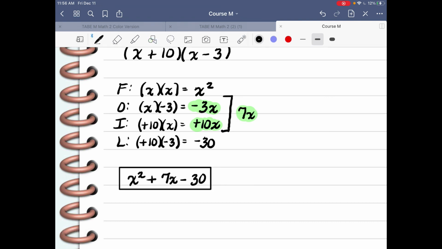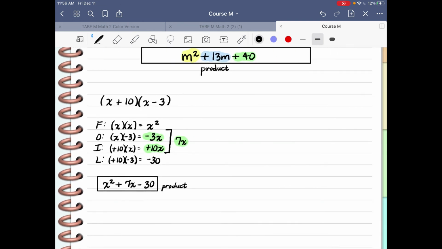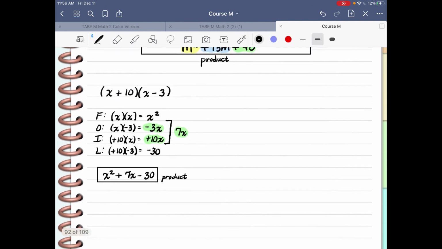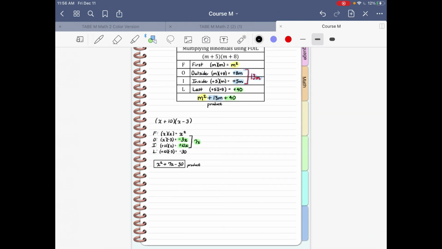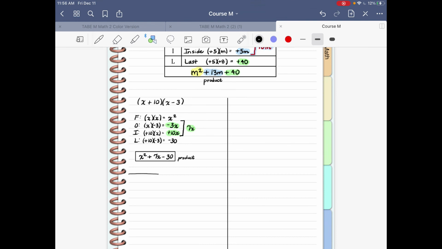I hope not. So this is the product of those two binomials using FOIL. Okay, let me draw a line here, and I'll give you three more examples of FOIL.